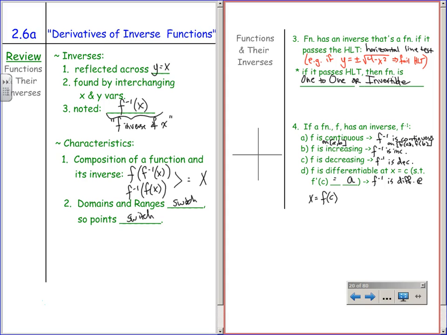Remember, the x of the original is not the x of the inverse. So the y of the original, f of c, is going to be the x of the inverse. Such that, here's where it gets funny, f inverse prime of f of c equals 1 over a.